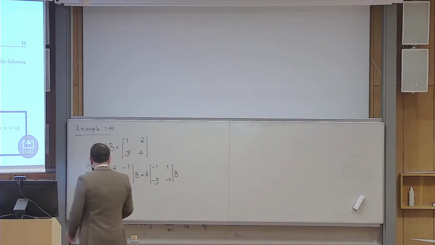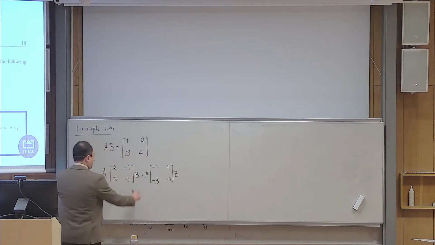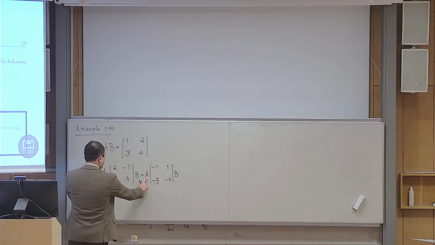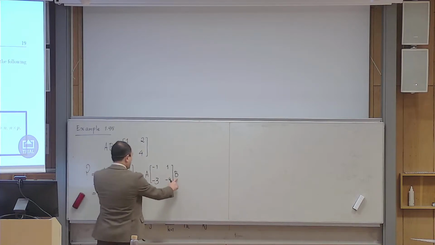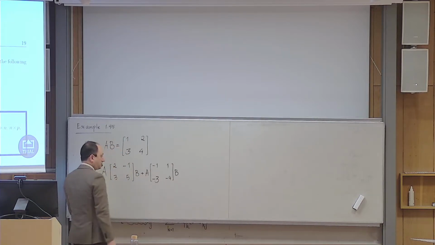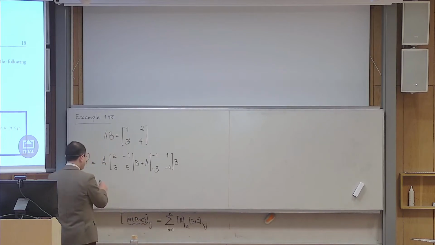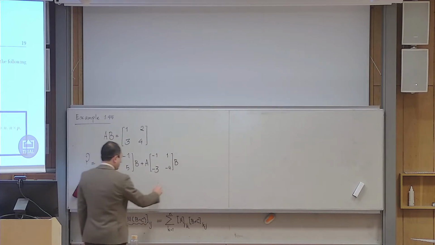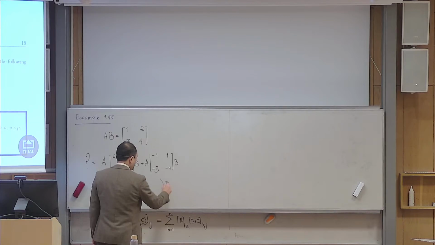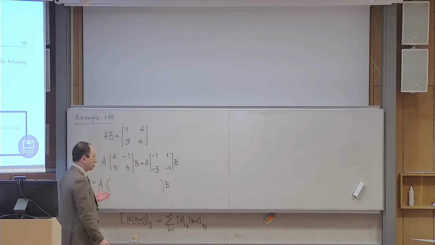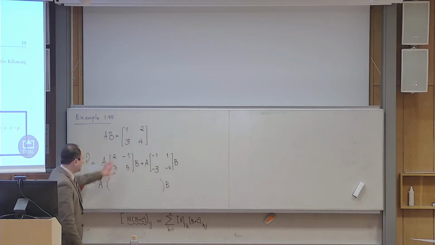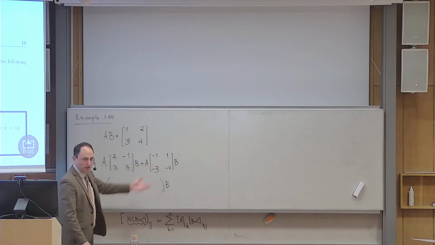So another way of thinking is that, okay, now I realize that I have both A's on the left and I have both B's on the right, and we have practice in factoring things. So what I do, I factor here. And this is why I told you this is one of those problems that in general we shouldn't be able to solve. But I engineered these numbers in a way that you can do that.